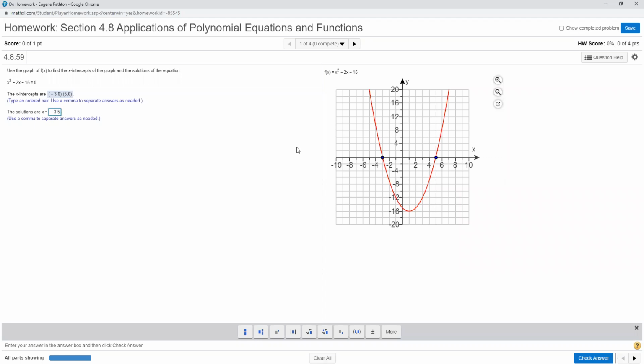So what they wanted us to notice on this problem is that these x-intercepts, their x values are the solutions to these quadratic equations. Because remember, if you're on the x-axis there, your y value is 0. Well, that's what I'm setting them equal to, right? 0. So any answers to a quadratic is going to be the same as the x-intercepts, okay?